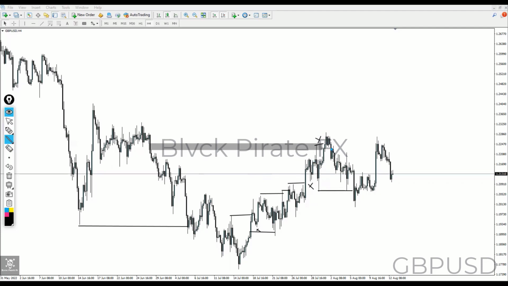And then subsequently from there, they started to trade lower, breaking market structure right here. And then now we have had price trade back into this bearish order block right there. So this is what we can see from the H4 perspective.